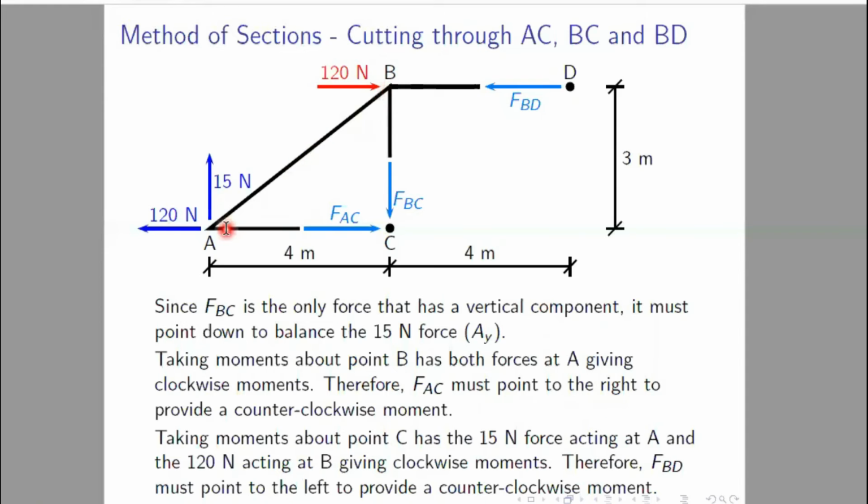But if we take moment about A, only one unknown member force, AC, is going through point A. So we have two unknown member forces, that is FBC and FBD. So taking moment about A only, we cannot solve for FBC or FBD at the first step. We have to solve using some next steps also.